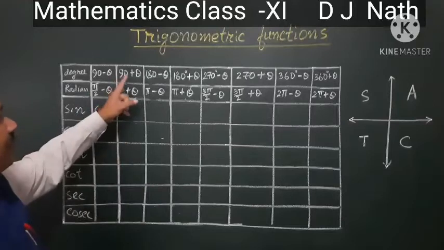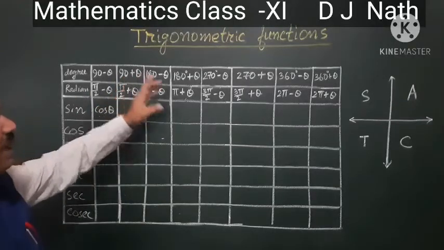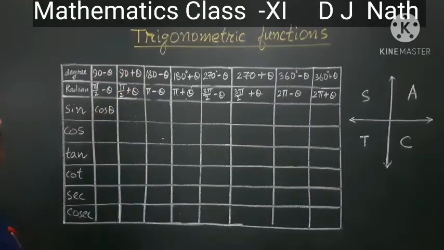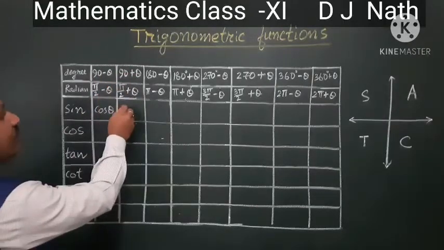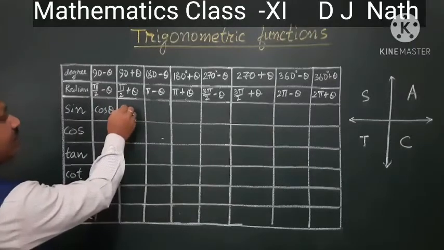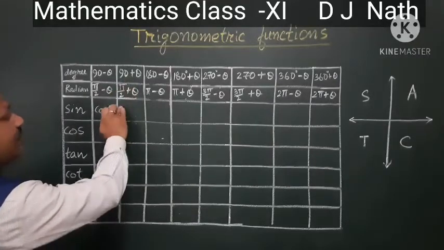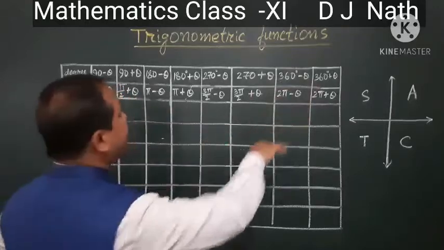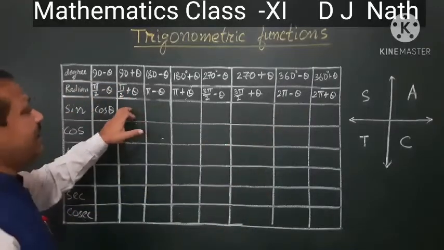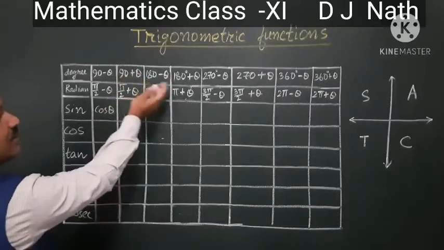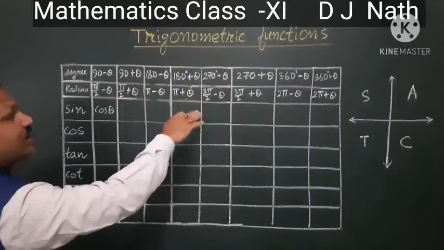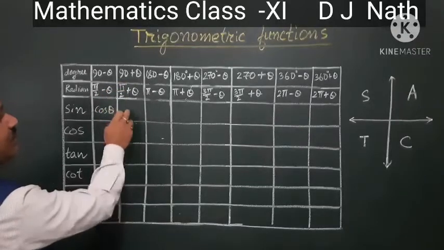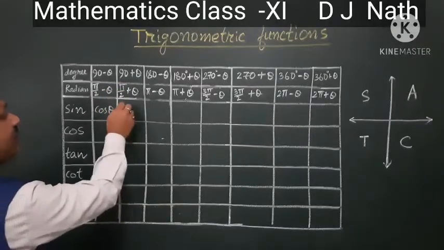Now when we change to 90 plus theta, second quadrant, sin of 90 plus theta will change into cos theta. Sign is positive, but it changes because we are using the complementary one, so it becomes cos theta.